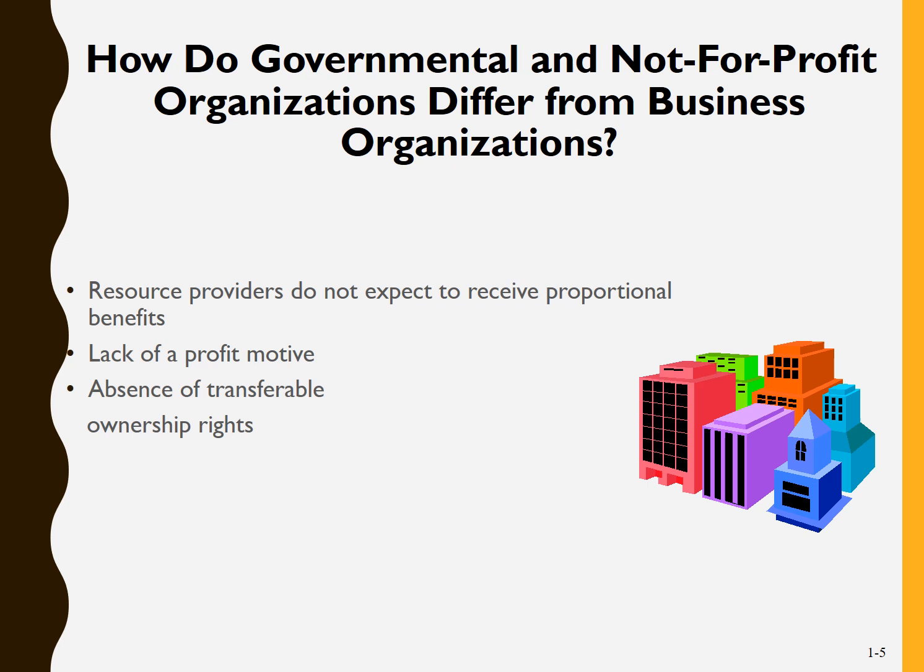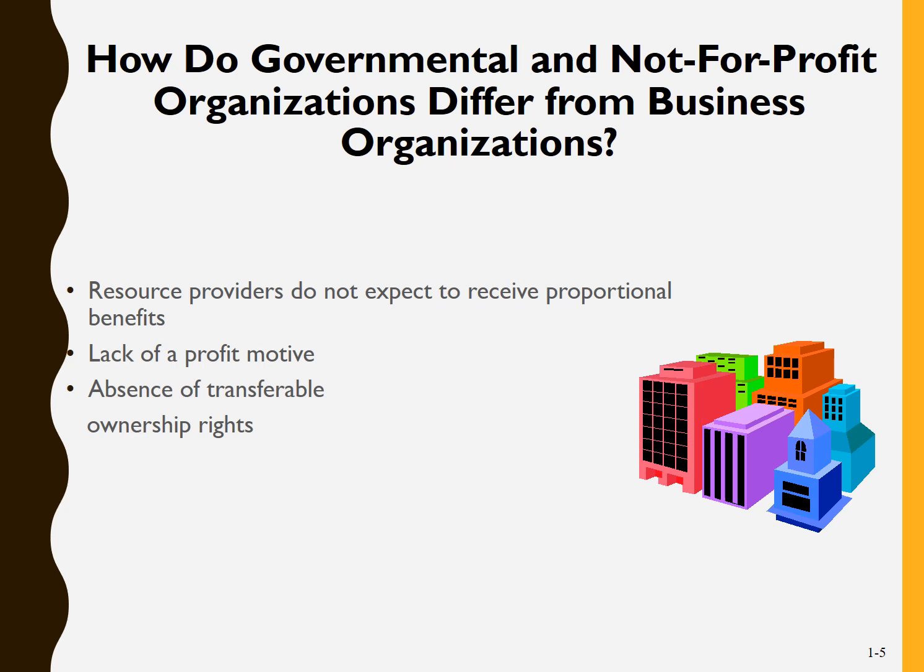In governmental and not-for-profit organizations, the main difference from business organizations is that the resource providers, i.e. the taxpayers, don't expect to receive benefits in proportion to what they contribute, whereas a stockholder or a lender does expect to be compensated in proportion to what they contributed to the business.